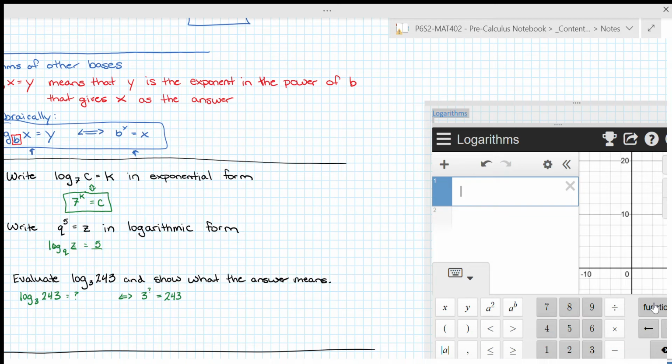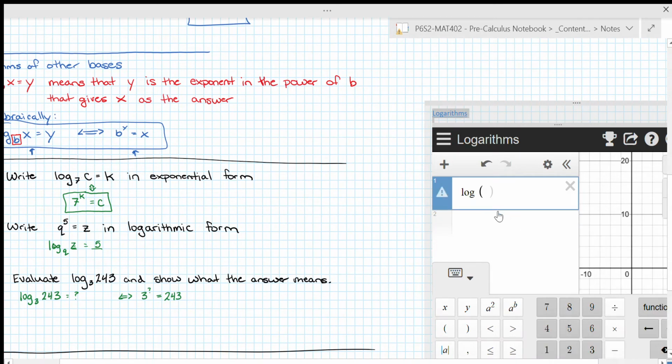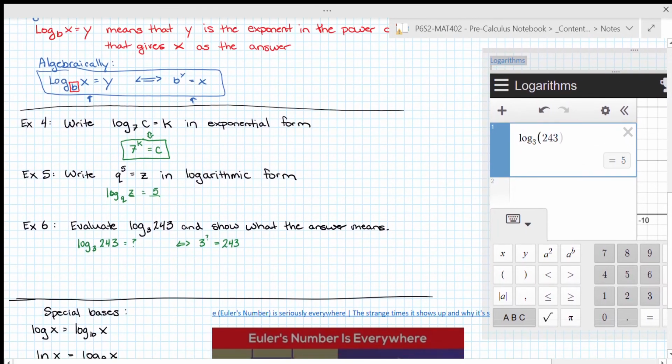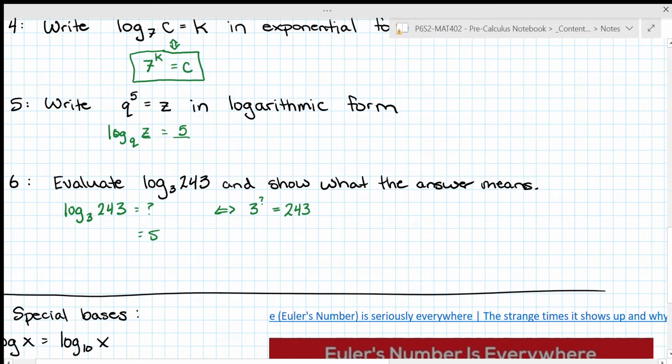I would recommend using Desmos here, because in Desmos, if I just use that function right there, this log base will let you put in a base for something. So I want to do log base 3 of 243, and it gives me 5. This is equal to 5, which means that 3 to the 5th is 243.